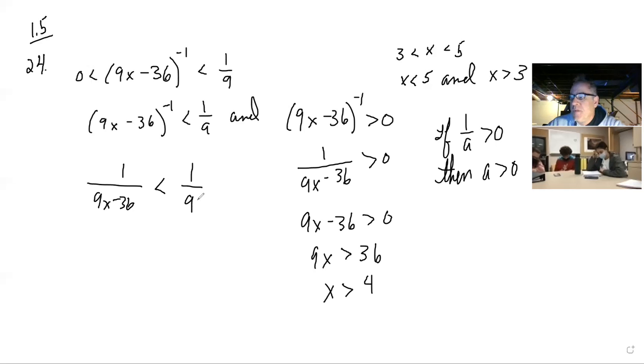So what I'm first going to do is multiply both sides by the same thing. And that same thing is going to be 9x minus 36, literally to get this to be really just a factor of 1.